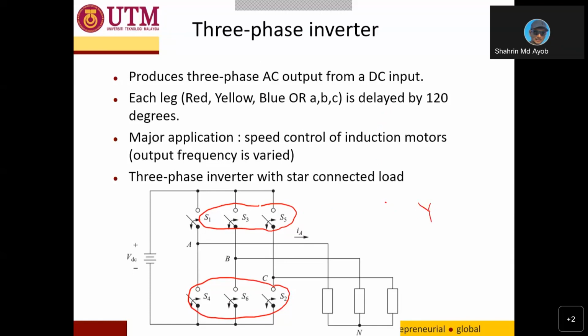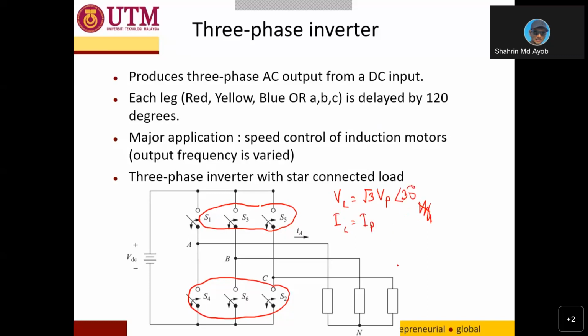For Y connection, V line is equal to square root 3 V phase, with an angle of positive 30 degrees. This relationship you need to remember, and I line is equal to I phase.